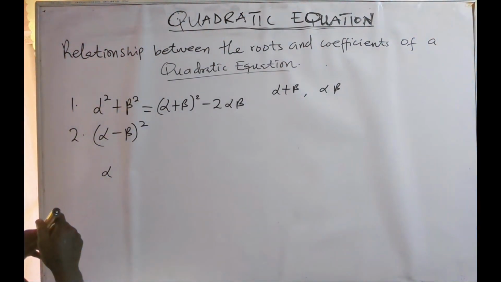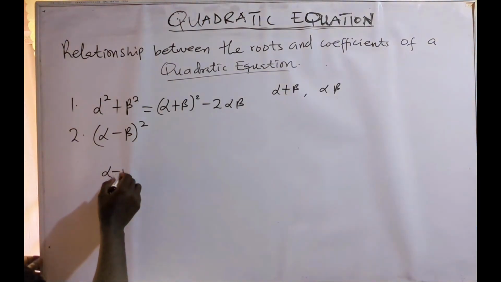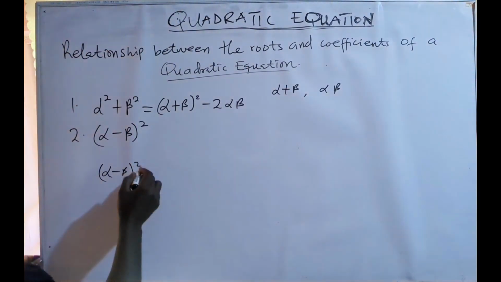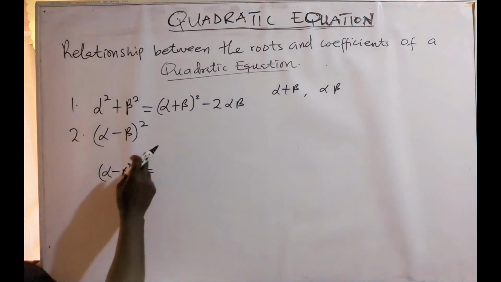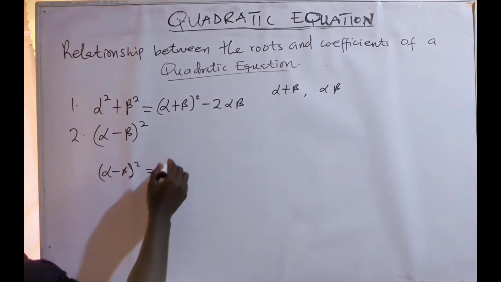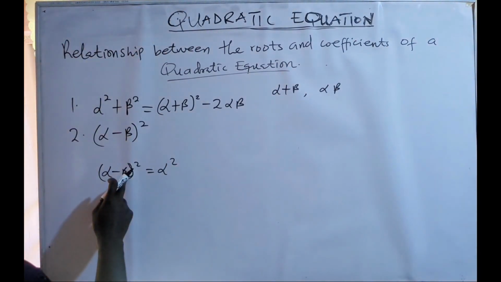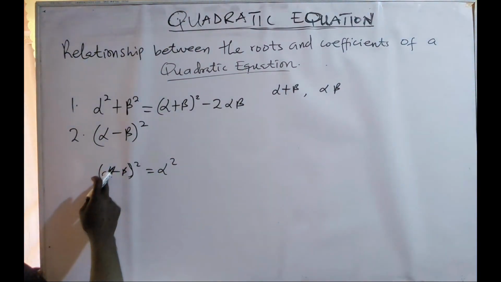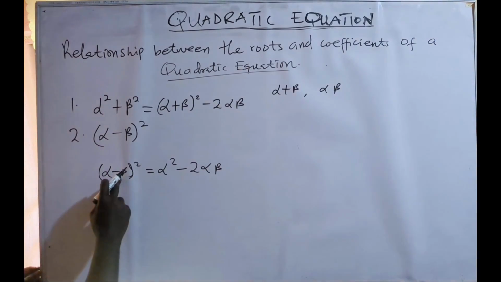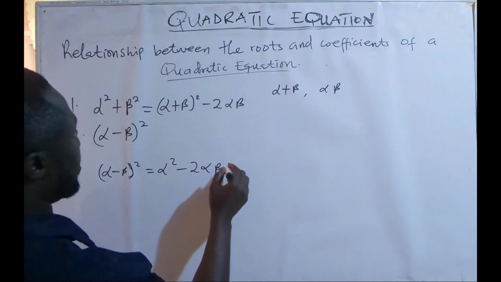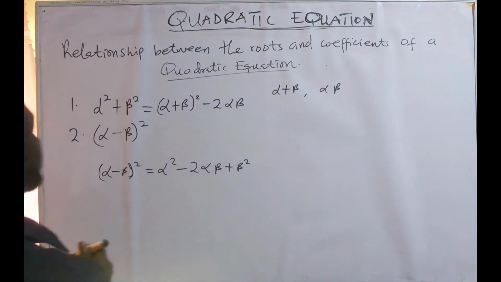Alpha minus beta all squared, let's expand this. It's the same as alpha squared. Then I have minus beta times alpha times 2, that will be minus 2 alpha beta. And I have minus beta squared, which gives plus beta squared.